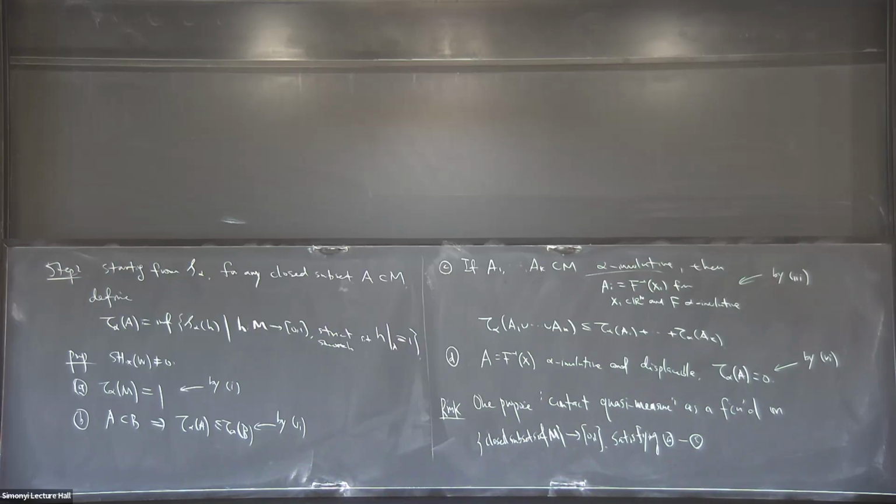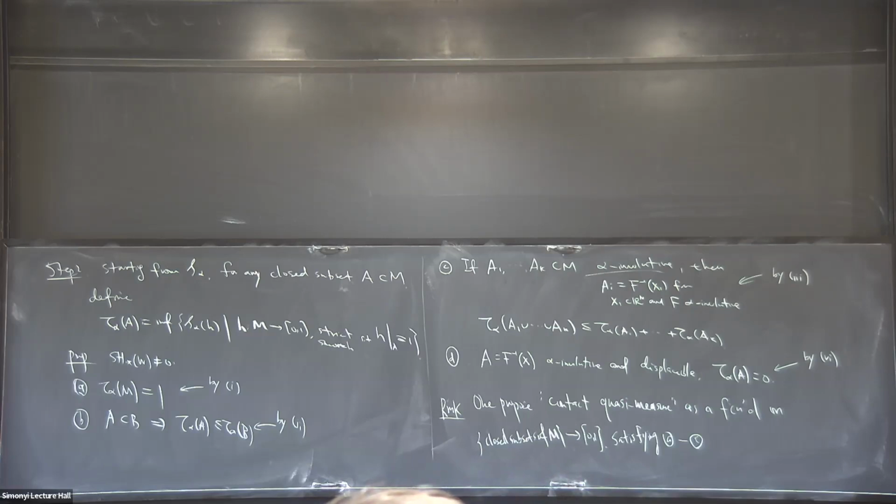Then you can find this W with boundary M, and find closed subsets A1 to Ak that are alpha involutive and displaceable, and a cover of them, or a cover of the interior of them, is the entire M. Now you finish the proof.